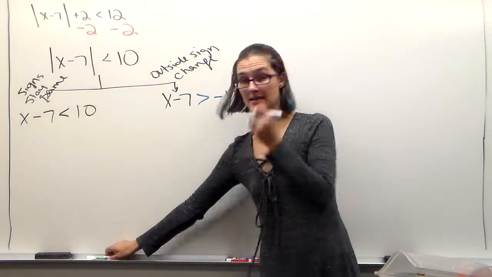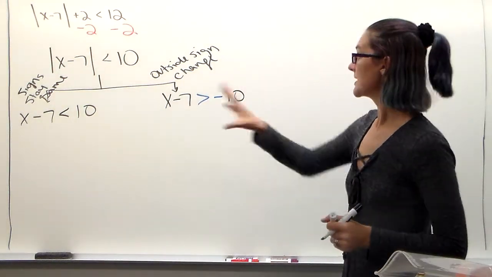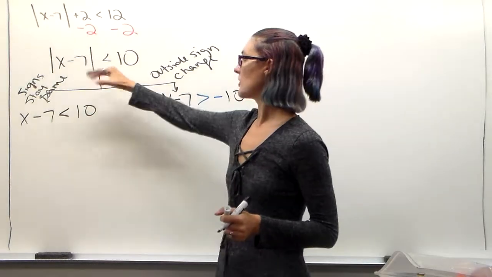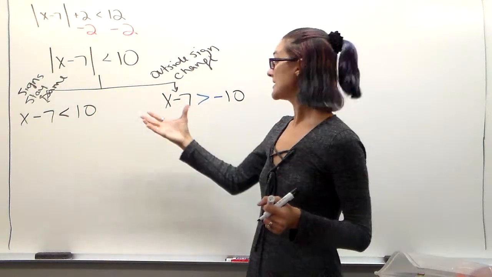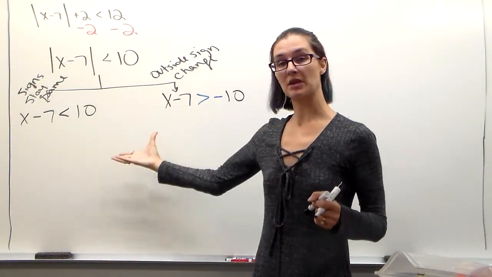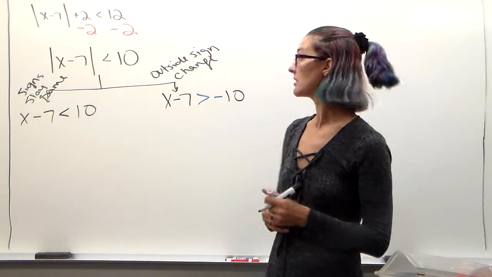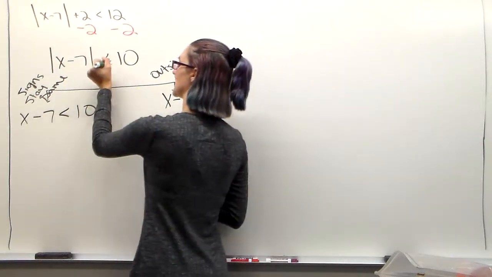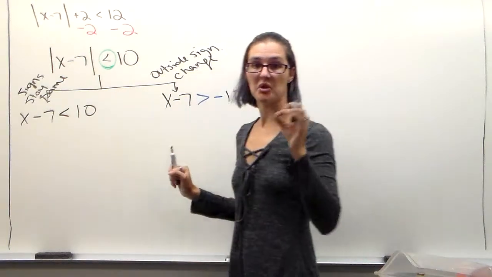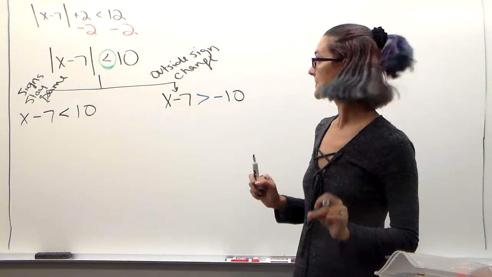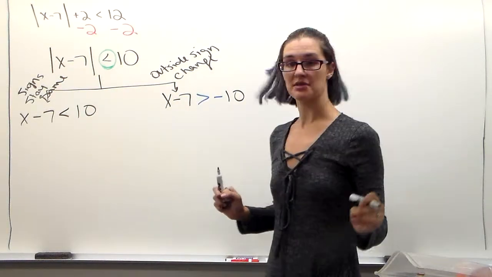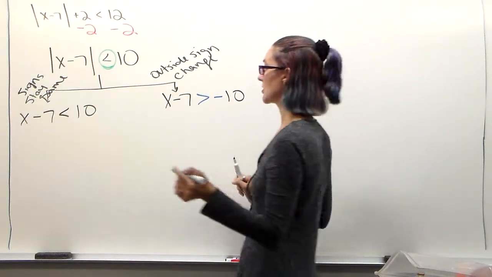The other aspect that we have going on here is because it's an absolute value and an inequality together, we need to determine if this is an and statement or an or statement. So you're going to look at the inequality sign right before you broke it up. The last time the absolute values were there, what was your inequality sign?